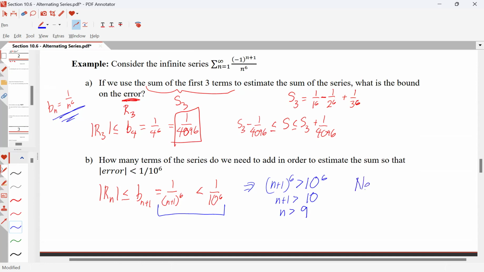This means we need at least n terms to have the error less than 1 over 10 to the 6th. So we can find very quickly what our error is if I only use so many terms, and also how do I get my error to be very small.